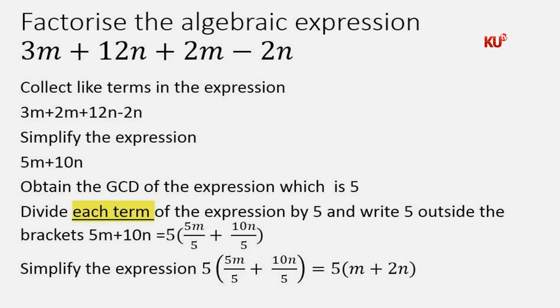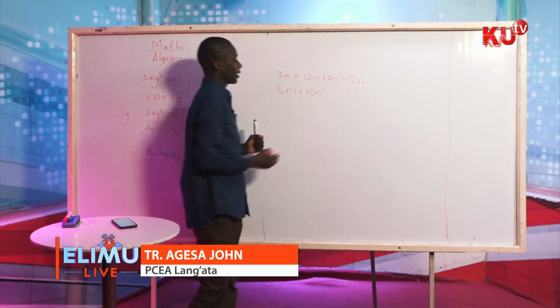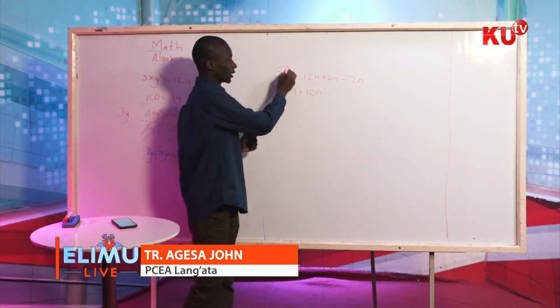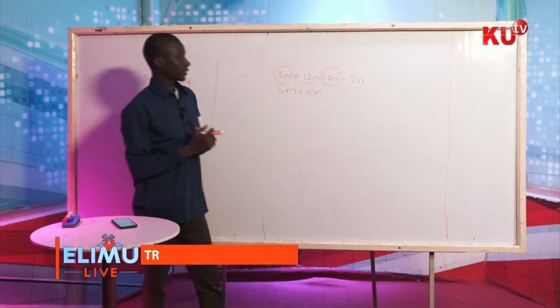So first of all, you have to simplify it by collecting all the like terms on one side, so that we can add the m terms together and also do the subtraction of the n terms, so that on simplification, your final expression becomes an expression with two terms, the first term being 5m and the other term being 10n. So we are collecting like terms.